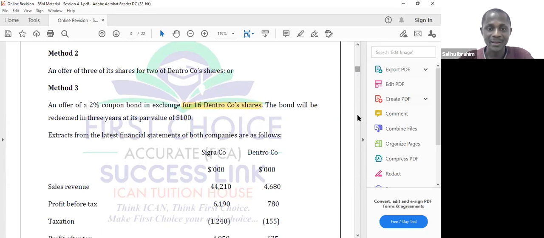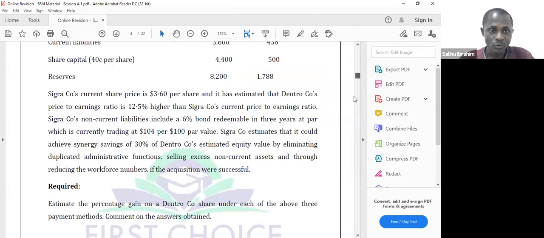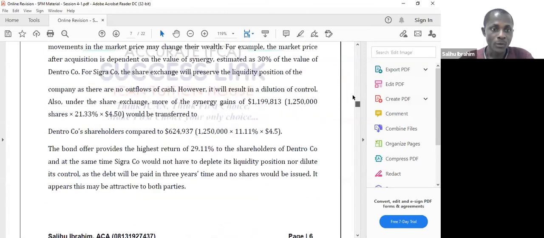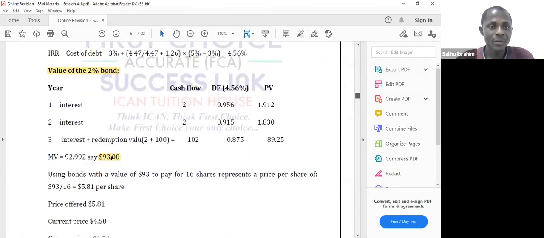Now, let's go back to what we are doing there. If I want to acquire 16 shares using a 93 Naira bond, what will be the amount per share? It is 93 over 16. So it means I will be paying 5.81 per share.